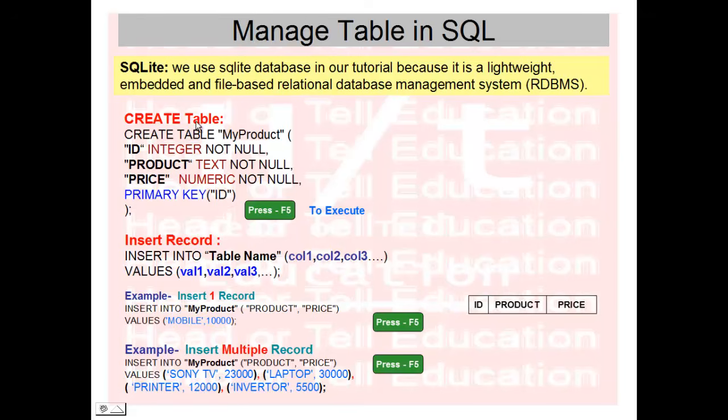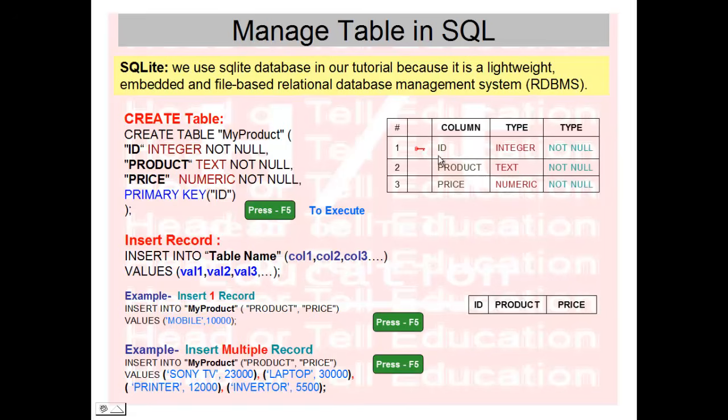If you run this syntax in SQLite browser and press F5 to execute, the table is created. So id is the primary key, type integer, not null, meaning a value is required. At present, id, product and price are all not null, all fields require a value.